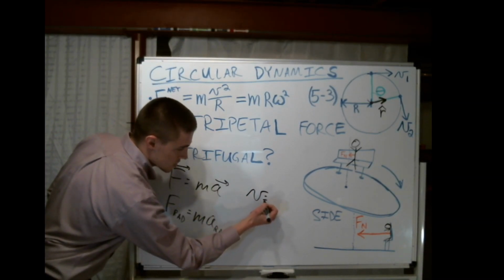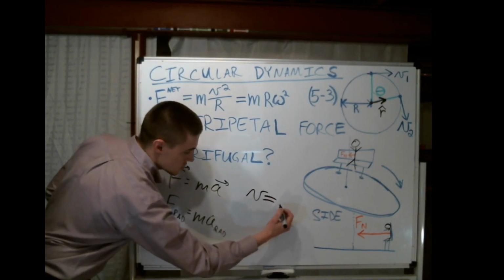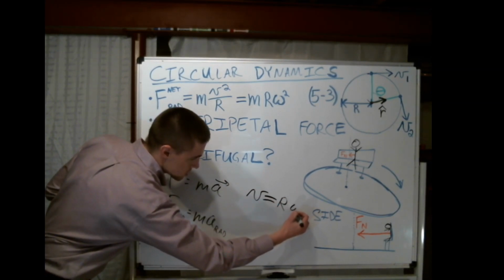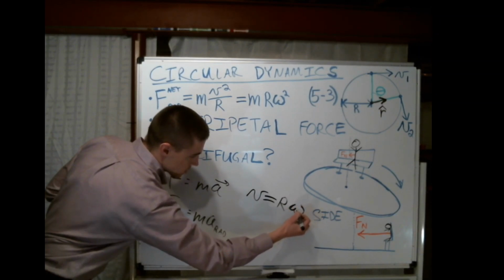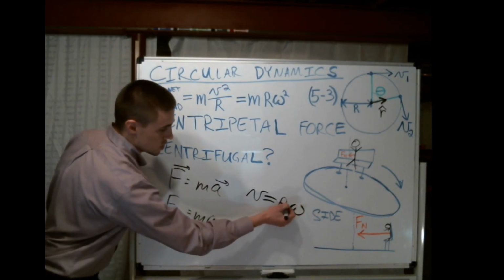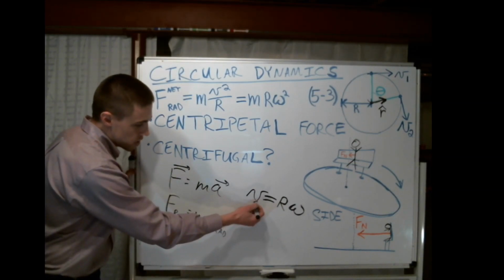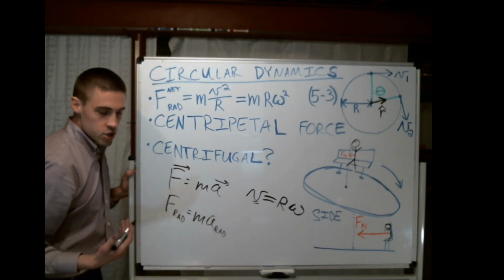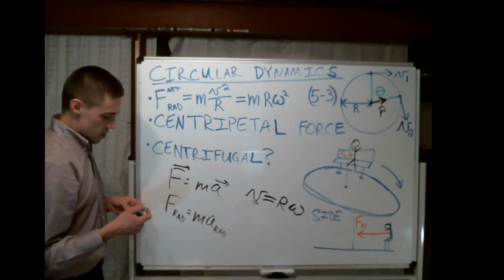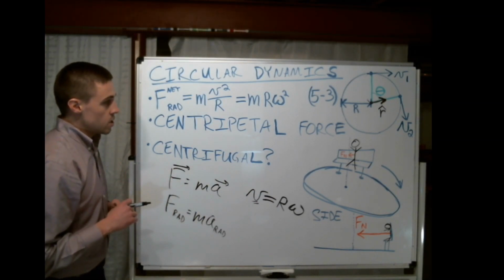Tangential speed is just equal to the radius times omega, the angular speed. So to convert between the two, you just multiply by r. We'll work mainly in terms of the tangential speed in this chapter. By the time we get to chapter 10, we'll be talking more about angular quantities.